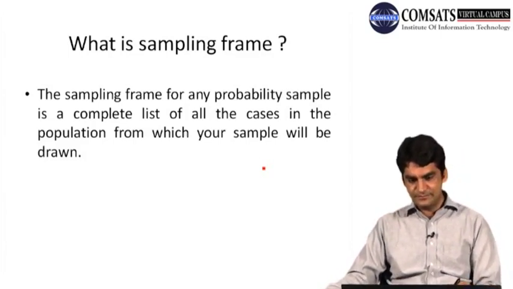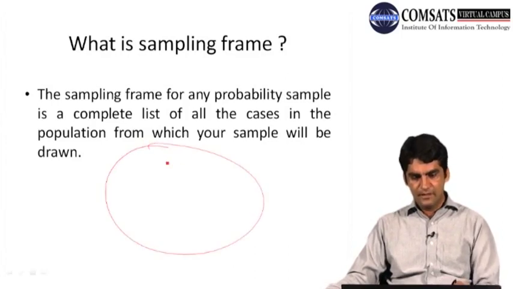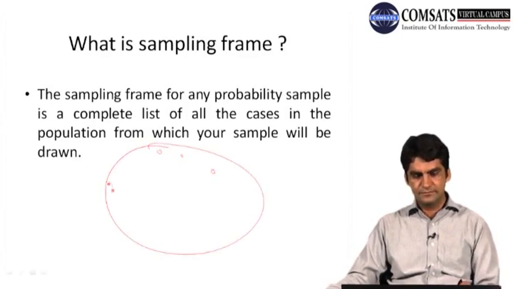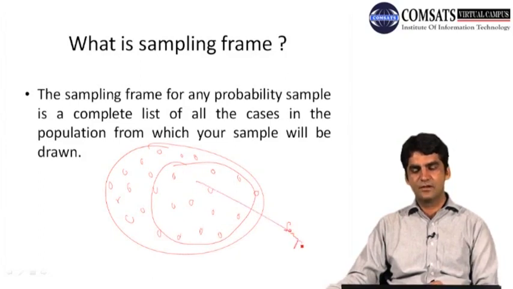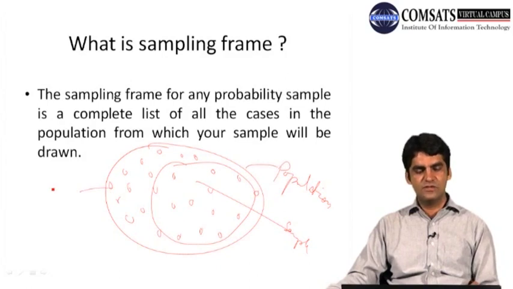So if this is the whole population for any particular thing we want to research, and if we select this, it becomes our sample, while this is the total population, and an individual unit is a case or element.